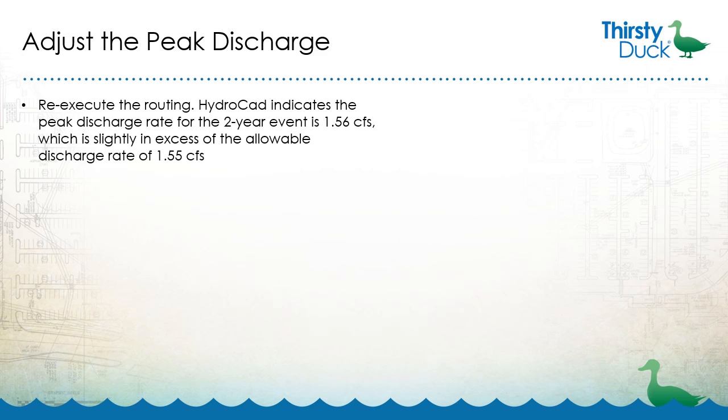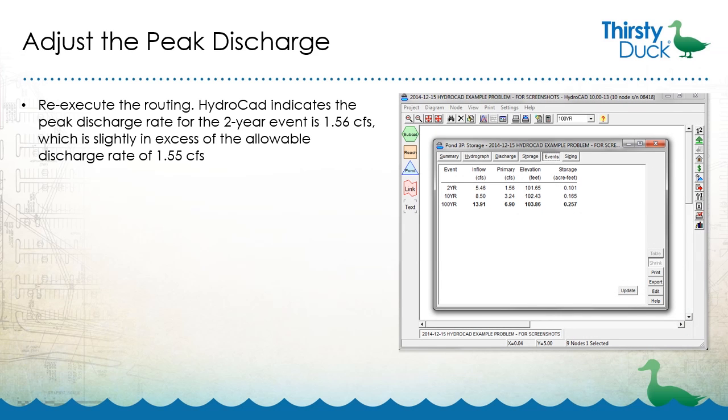Re-execute the routing. HydroCAD indicates the peak discharge rate for the 2-year event is 1.56 CFS, which is slightly in excess of the allowable discharge rate of 1.55 CFS.